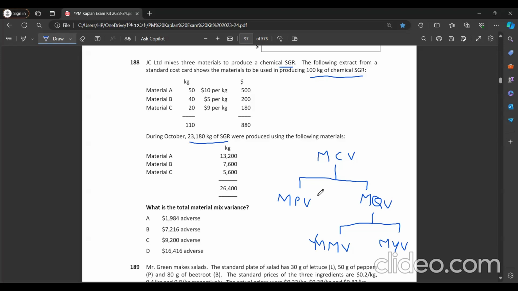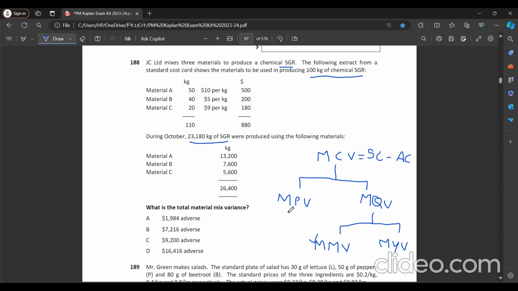When we talk about cost variance, we talk about the standard cost minus the actual cost. That is how material cost variance is calculated. And what is cost? Basically, cost is the quantity times the price. So we have split it into two parts. The variance could arise on account of variance in the price or variance in the quantity.